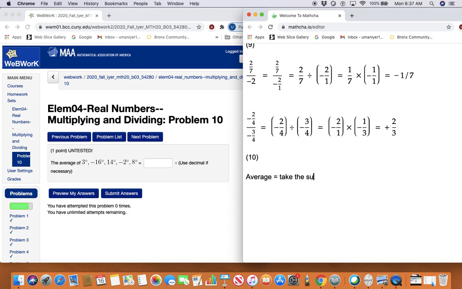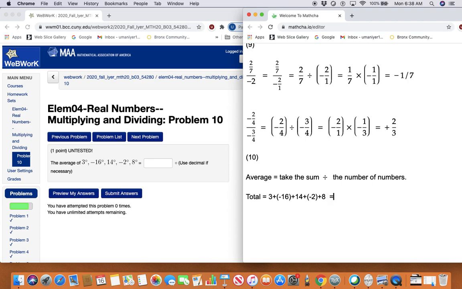Take the sum and then divide by the number of numbers, right? So you're looking for sum, that is the total. Total will be 3 plus -16 plus 14 plus -2 plus 8.